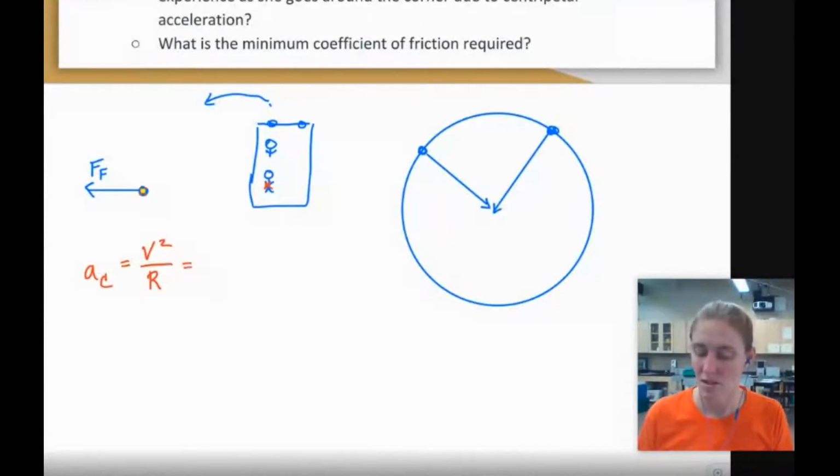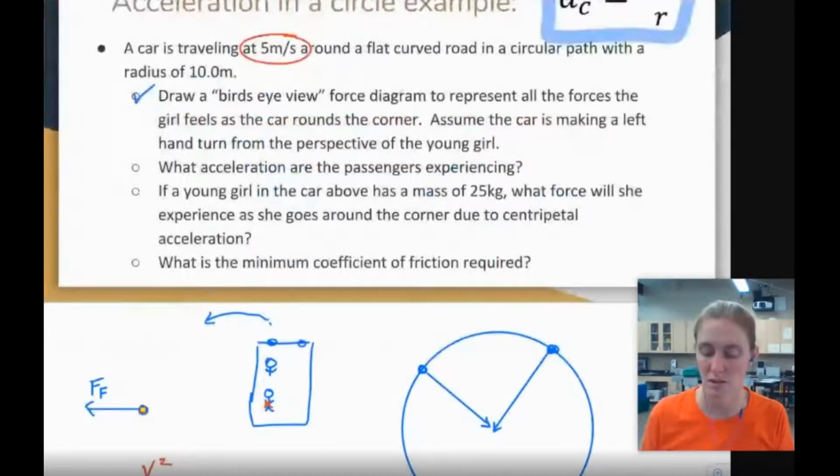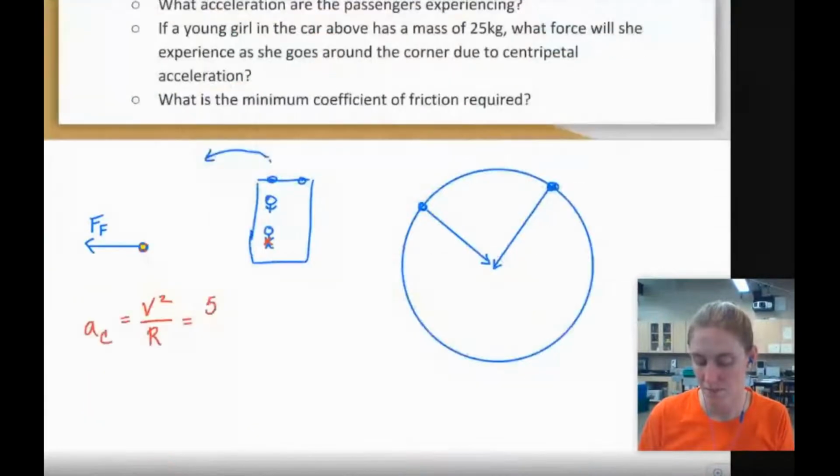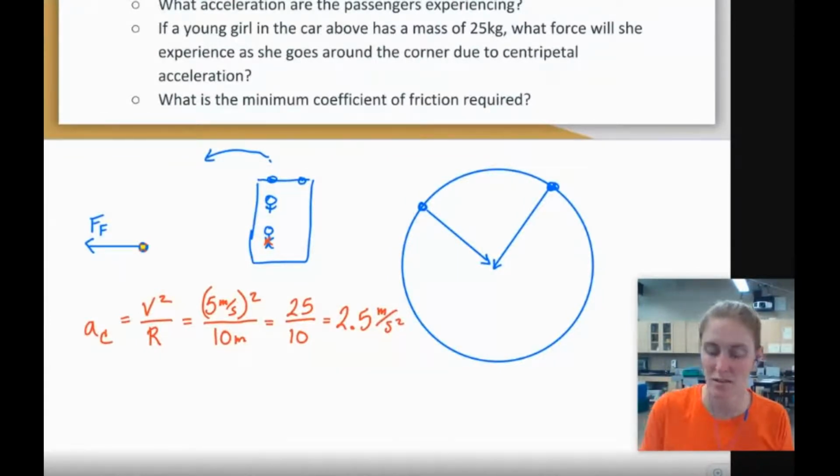So the velocity that we're traveling at is 5 meters per second, and the radius is 10 meters. I'm going to warn you, be careful that this velocity needs to be squared. So I'll get 25 divided by 10, which is 2.5 meters per second squared. So that is part 2.